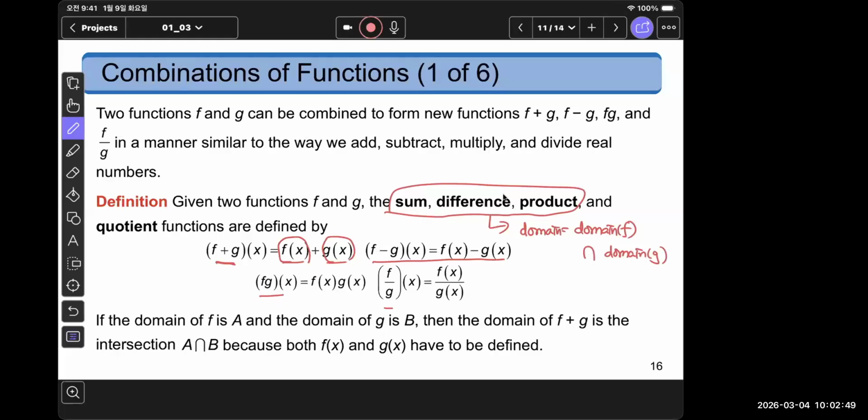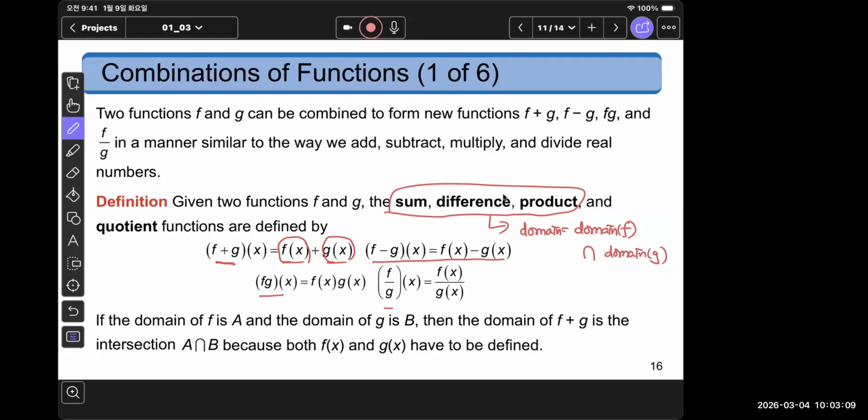Now in case of the quotient, yes, f of x and g of x must be well defined, but also since I'm dividing f of x by g of x, this g of x value cannot be 0 because I cannot divide any number by 0.